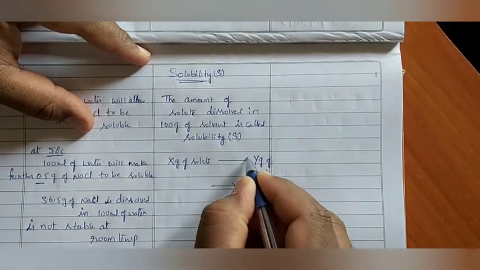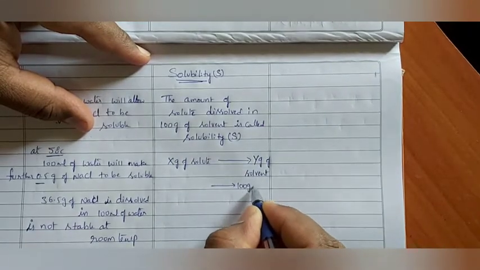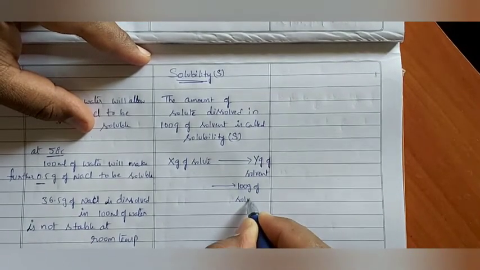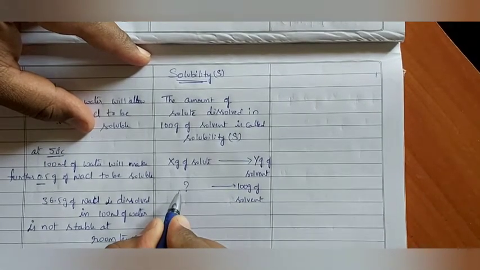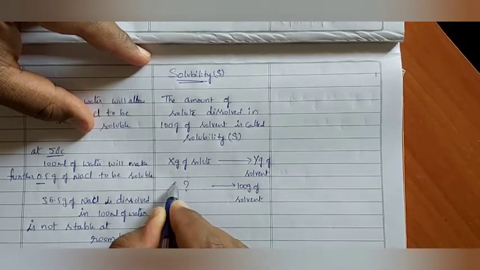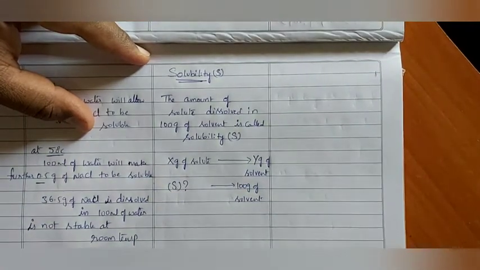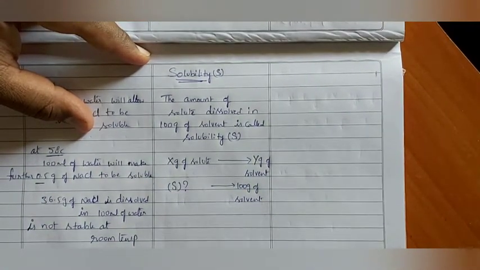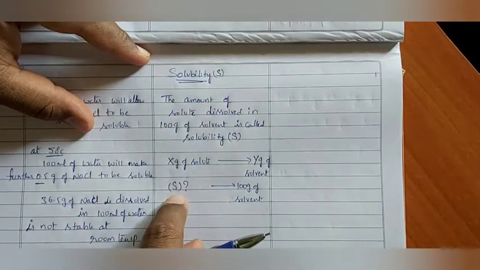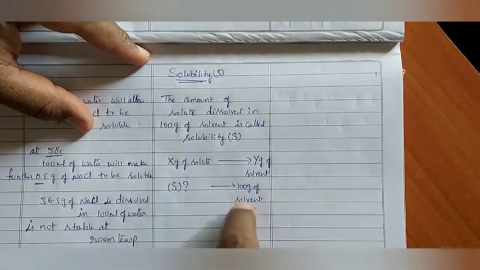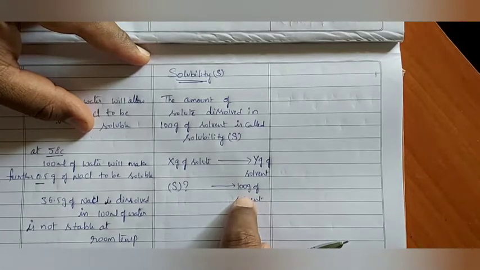In 100 grams of solvent, how much amount of solute is dissolved? That is called solubility S. That is only a definition: the amount of solute dissolved in 100 grams of solvent.